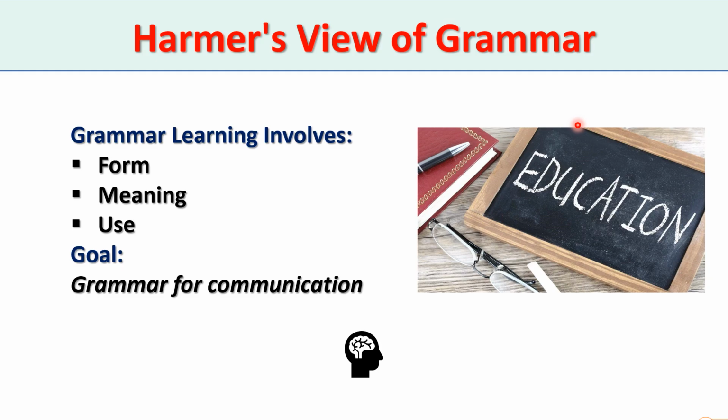For present continuous, the form is subject, be (am/is/are), and verb-ing. For the structure, the affirmative is she is reading a book, the negative is she is not reading a book, and the question is: is she reading a book? That is the structure of present continuous.